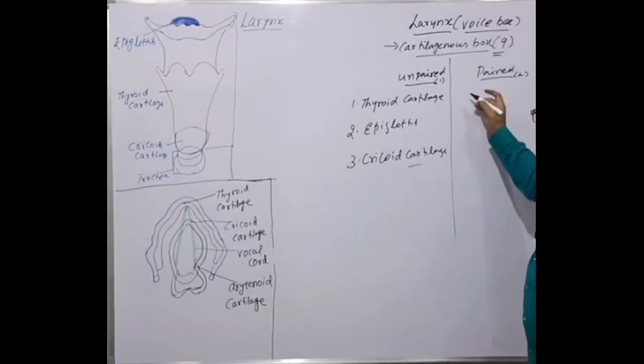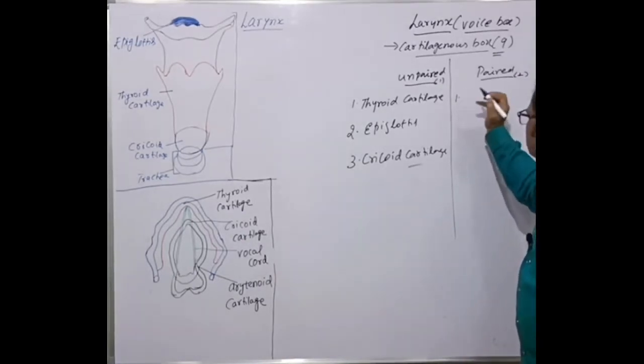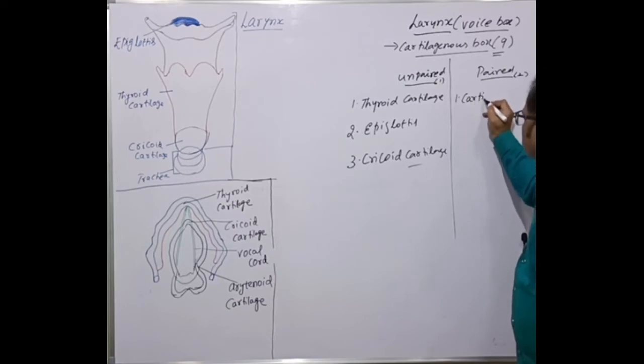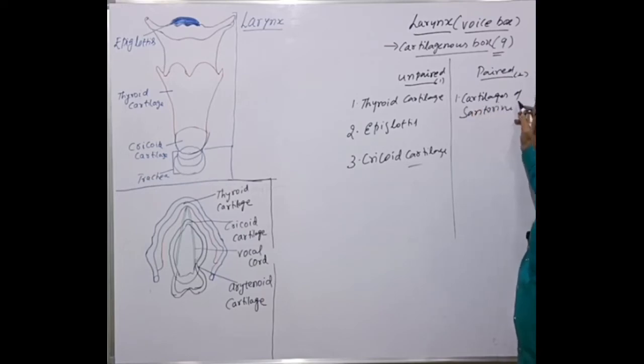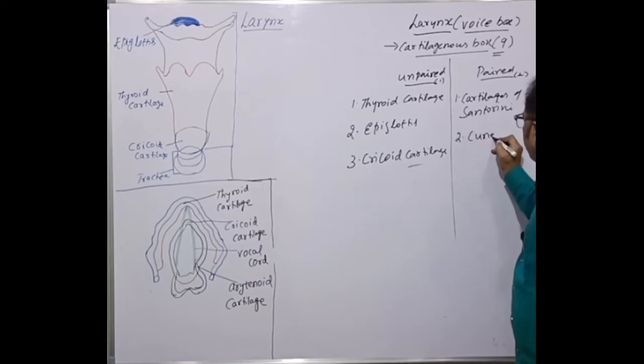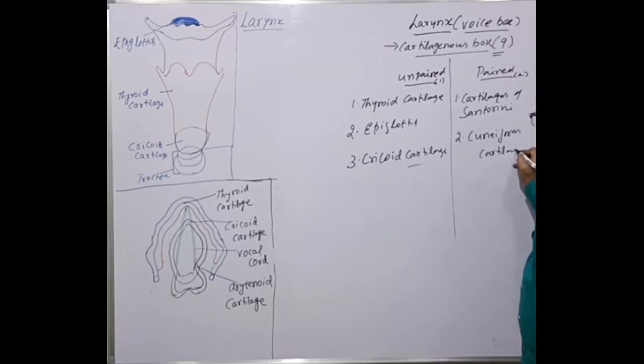What is that? One is cartilages of Santorini. Next one, cuneiform cartilages, and arytenoids or arytenoid cartilages.